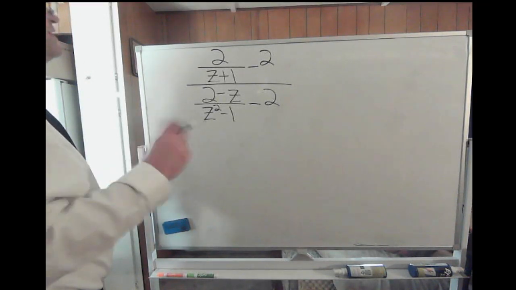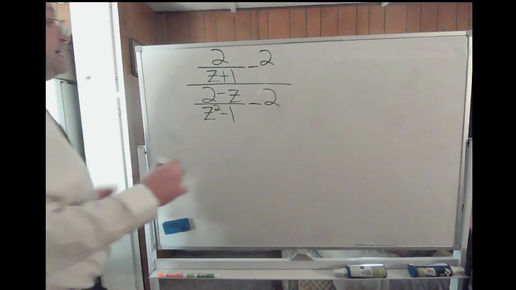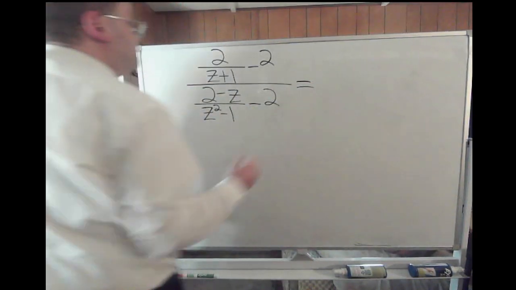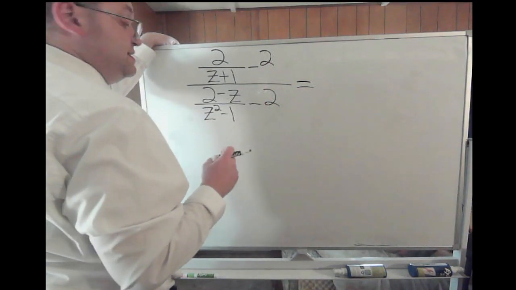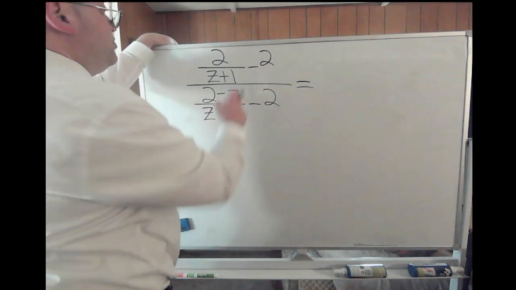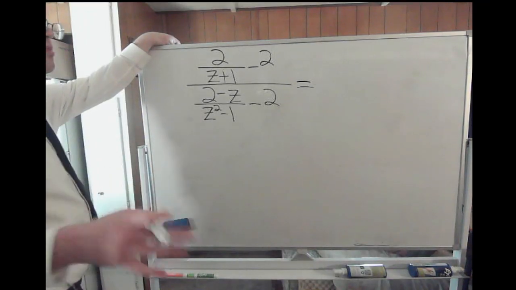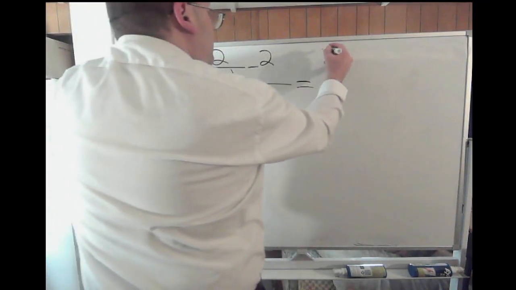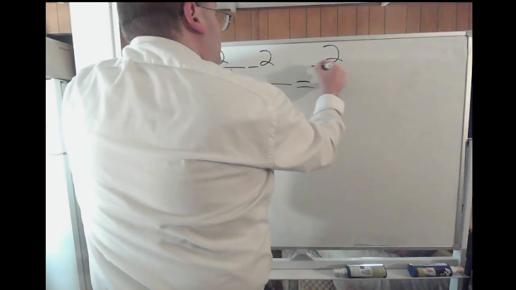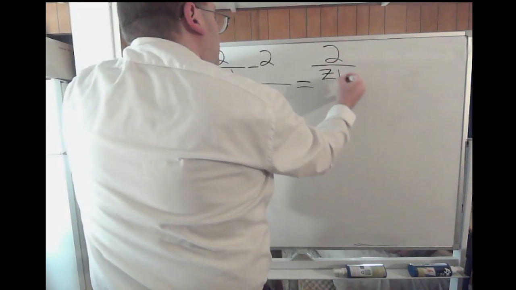Again, take these fractions one step at a time. Start in your numerator. That minus 2, that has a default denominator of 1, does it not? So between 1 and z plus 1, what would be your least common denominator? Definitely z plus 1. So you can leave the 2 over z plus 1 alone.